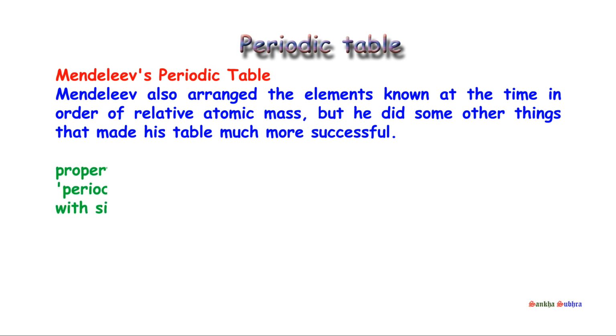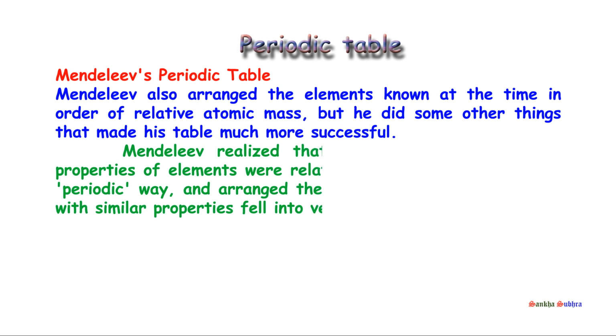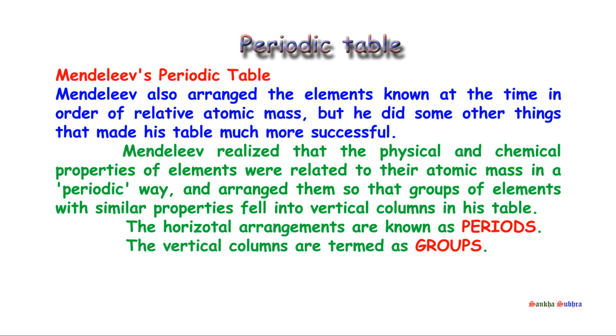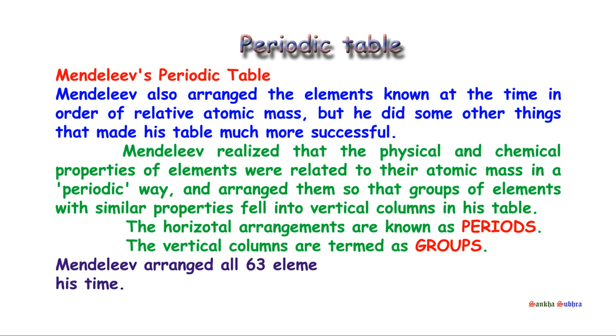Those properties are organized in a periodic way, arranged in horizontal rows known as periods and vertical columns known as groups. So Mendeleev was the first person to propose the concepts of periods and groups, and he was able to arrange a total of 63 elements discovered up to his time.